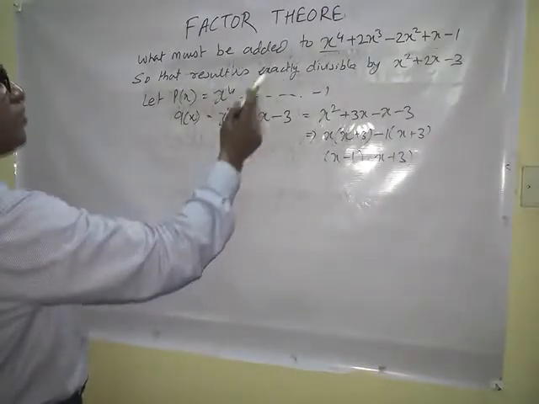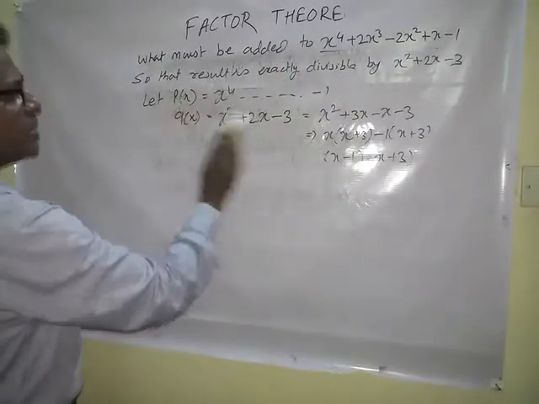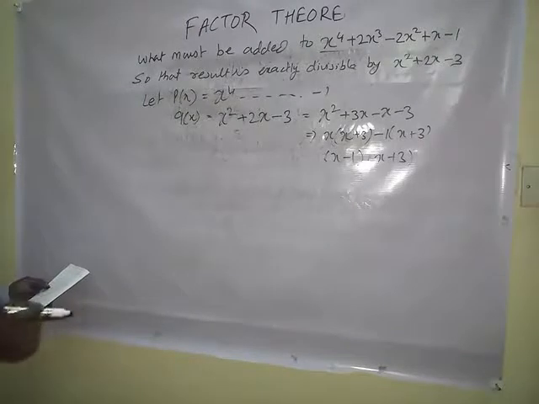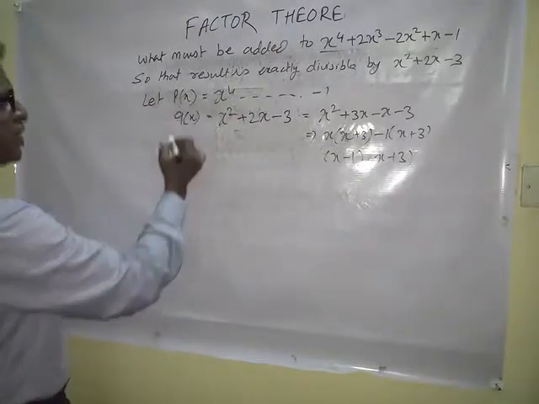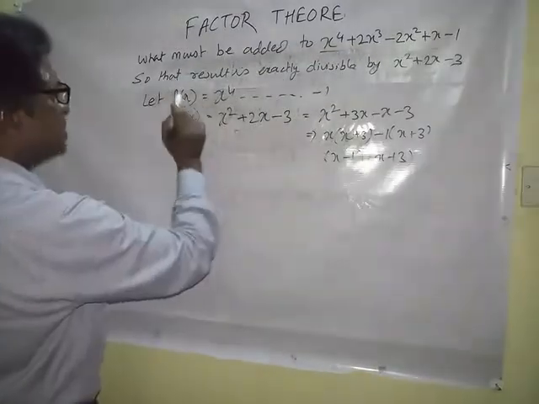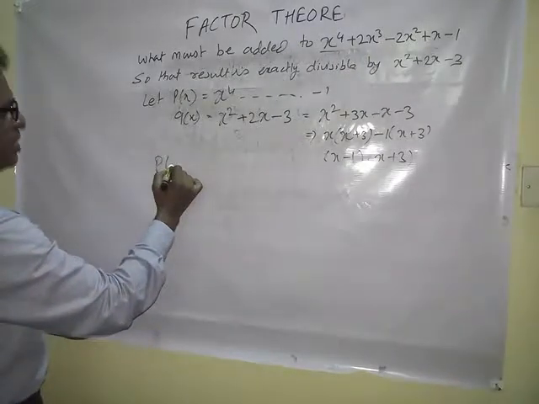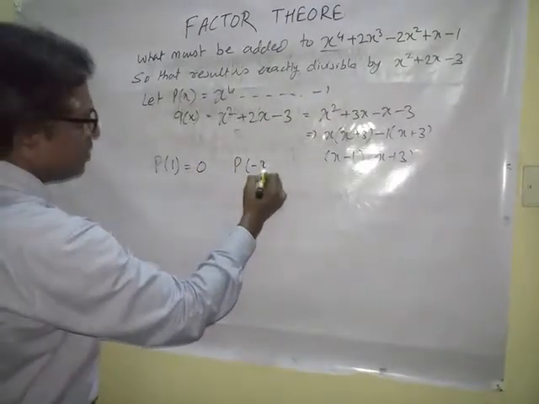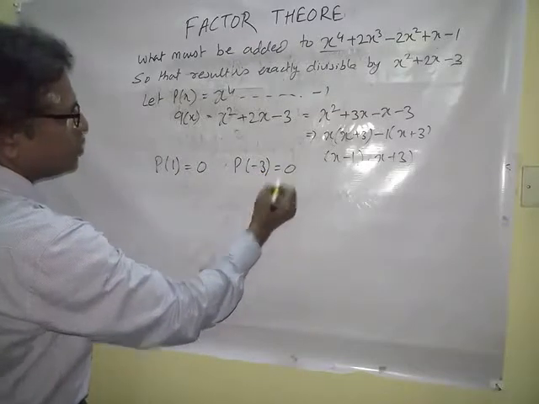So now you are having 2 factors. Since qx is a factor of px, hence x minus 1 should also be a factor of px and x plus 3 should also be a factor of px, hence p1 equal to 0 and p minus 3 equal to 0.